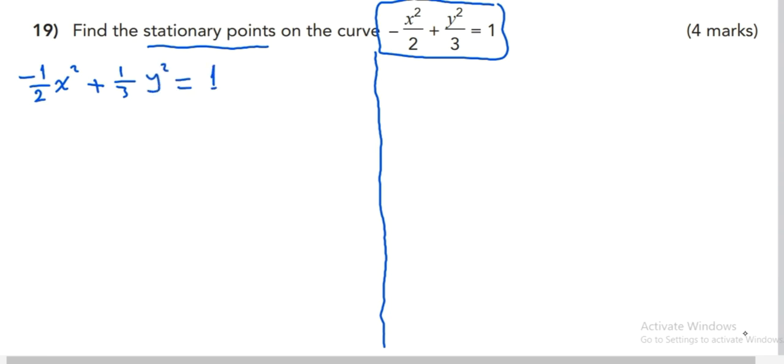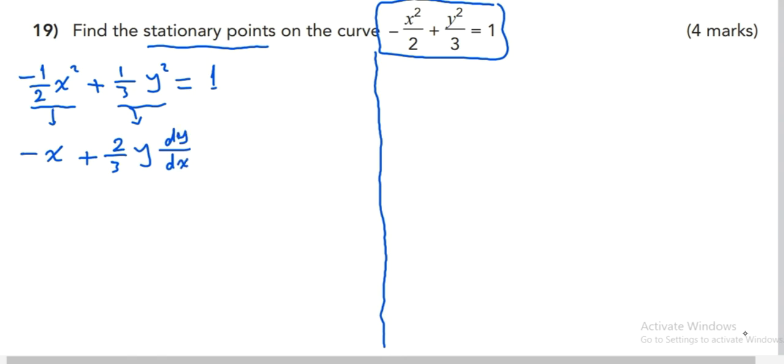Here two parts between them plus or minus, we will differentiate each part separately according to its form. Here we will multiply by the power, subtract 1 from the power, so it will be negative x, plus multiply by the power, subtract 1 from the power, it will be 2 over 3 y. Here in this part we will add dy by dx, or you can write it as y dash.